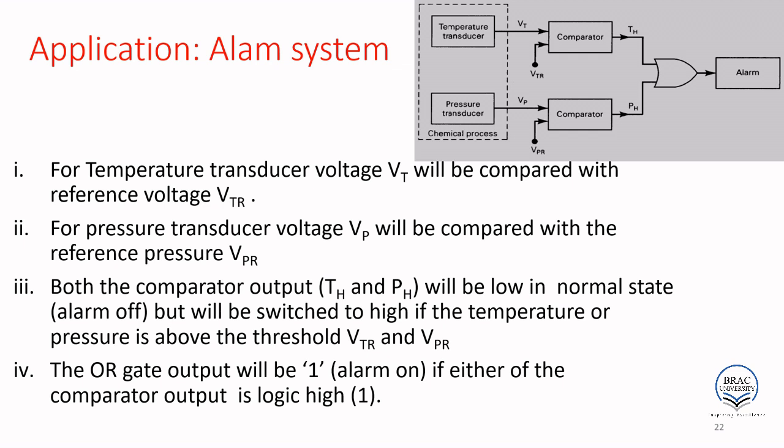Both comparator outputs will be low in the normal state, but will be switched to high if the temperature or pressure is high. The OR gate output will be high, or 1, or the alarm will be on, if either of the comparator outputs is 1.